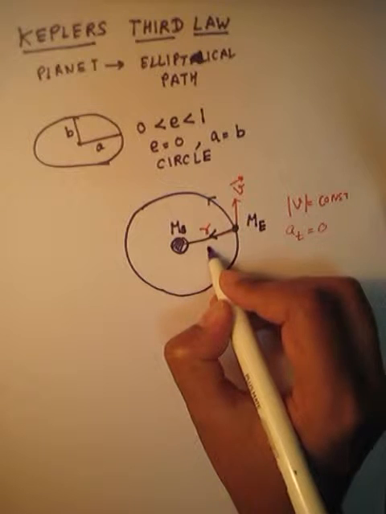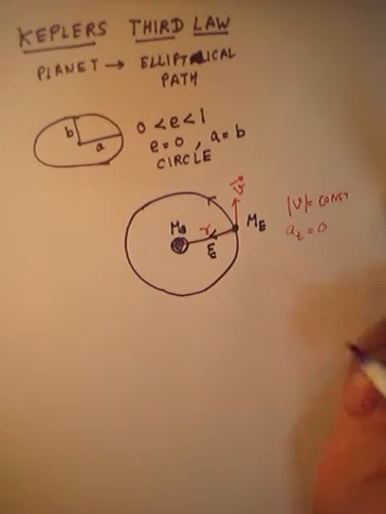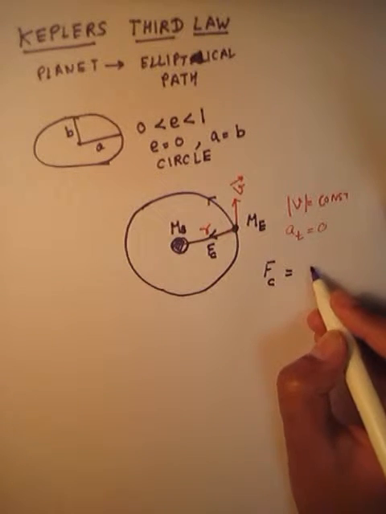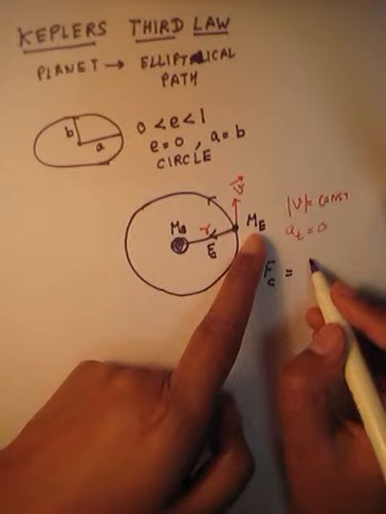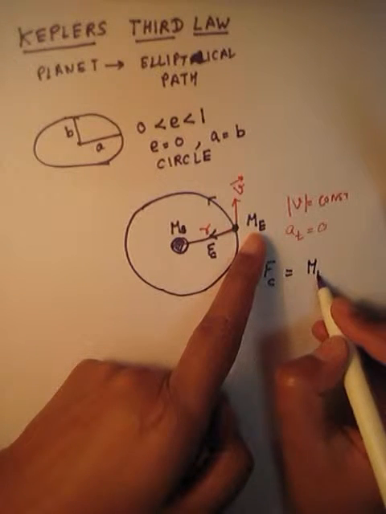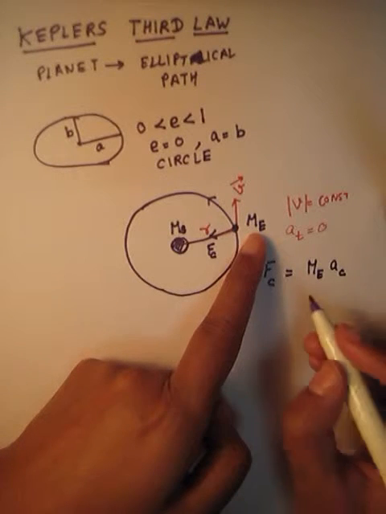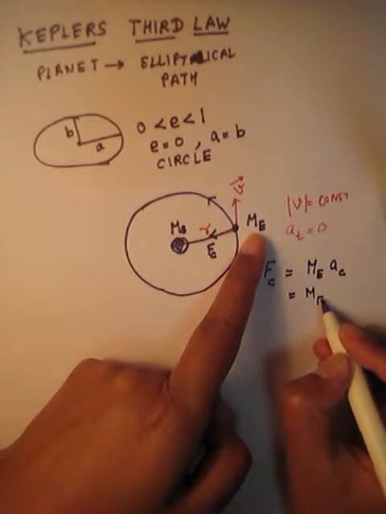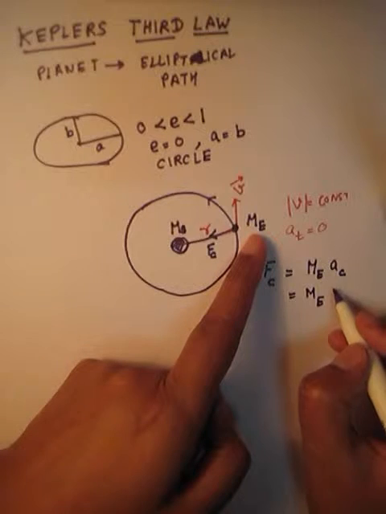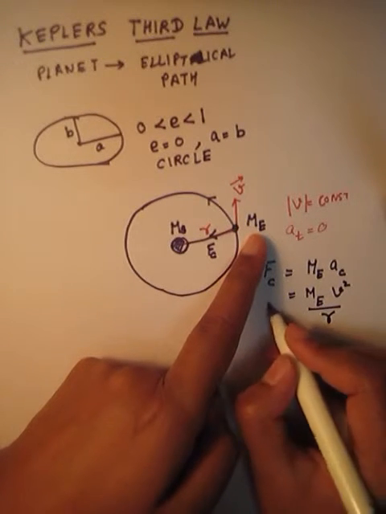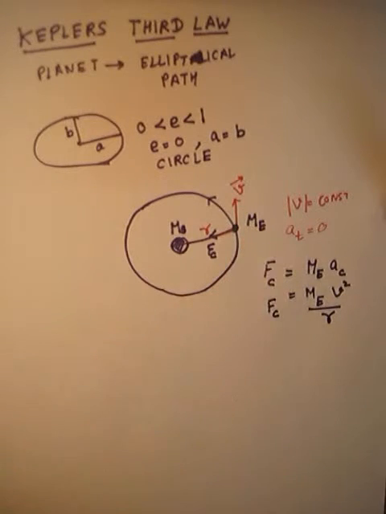This force will be the centripetal force. The centripetal force is equal to the mass of the rotating object times the centripetal acceleration. Because centripetal acceleration is given by v square upon r, it can also be written as m v square upon r. So this is the final expression we get.